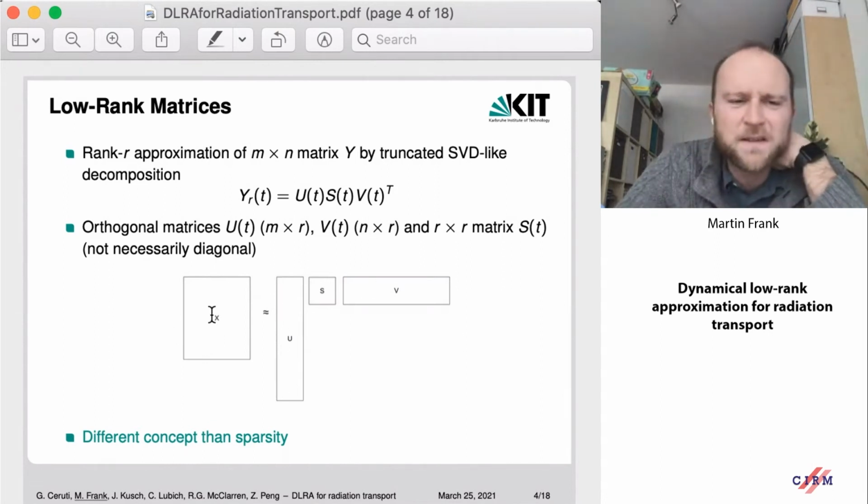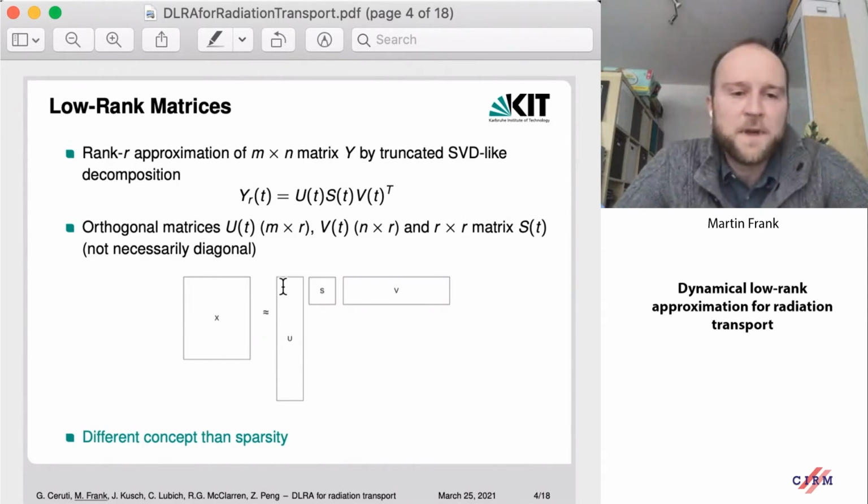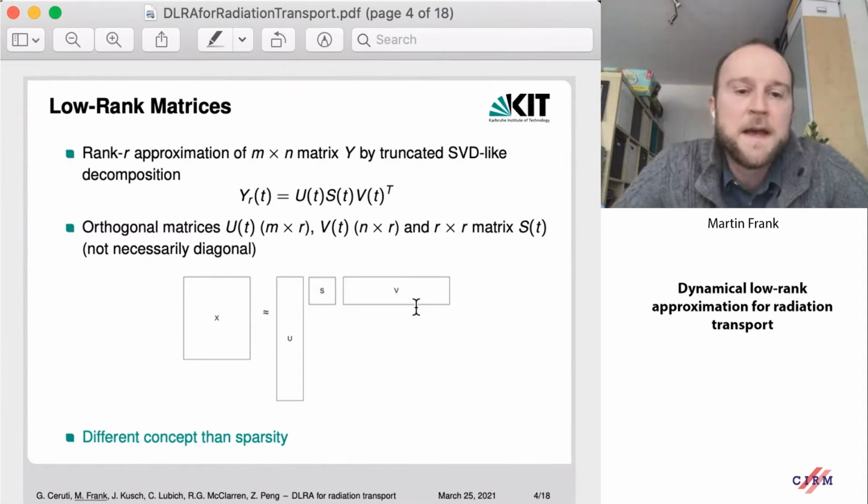So you have your object, which should have been called Y here. You have a matrix which looks like a towel, right? So this is m by n. This is an m by r matrix. This S is r by r, and this is r by n, if the original matrix was m by n. And r is the rank, and in a singular value decomposition, S would be a diagonal matrix.